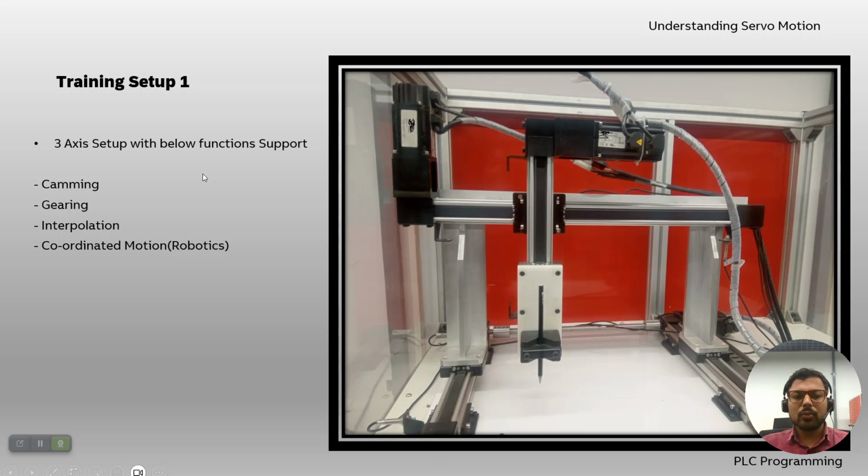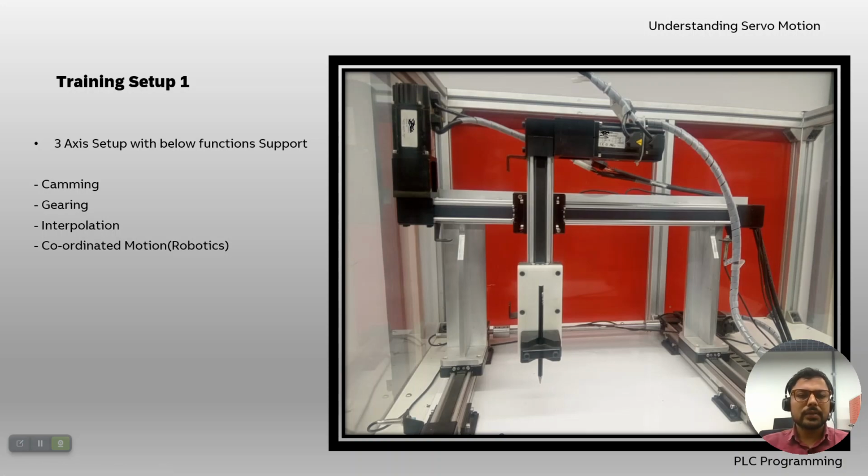Then we will dive into camming, gearing, interpolation, robotics, and do some hands-on with this setup on camming, gearing, interpolation, motion, single-axis control, and also see if we can create some of the things which you guys might be sharing with me in future.